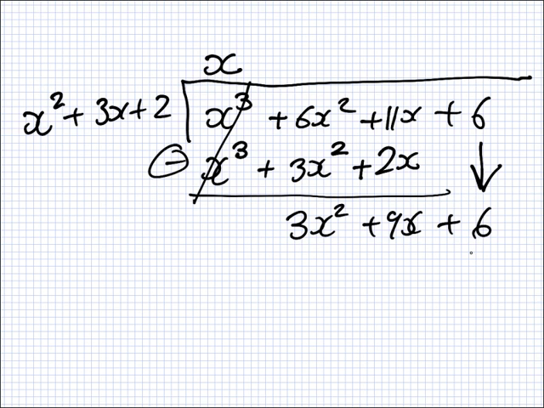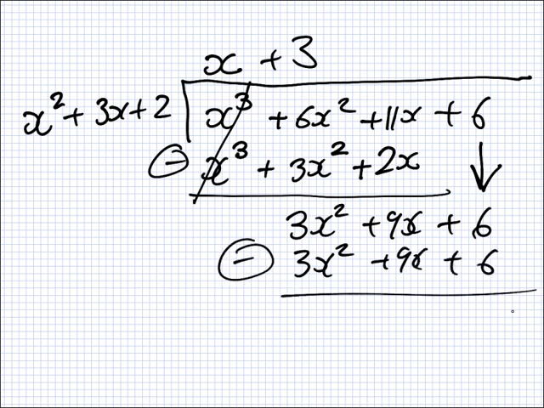And only one more cycle left. 3 is the last one. 3x squared plus 9x plus 6. Subtraction gives 0. So it's actually shorter to divide a cubic by a quadratic. Only 2 cycles needed.